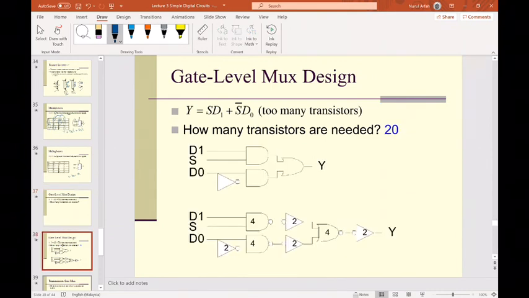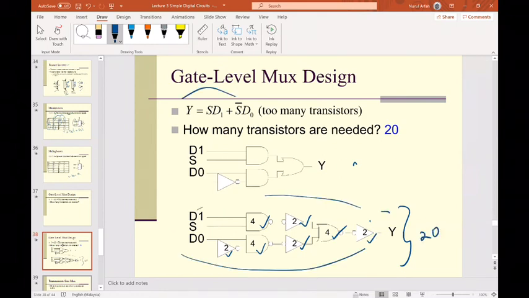And if you put it in terms of transistors, both are equal, but the way they put it is quite different. If you look at this side, how many transistors do you have? If you count 2 plus 4 plus 4 plus 2, and plus 4 and 2, you will have 20 transistors just for these gates.